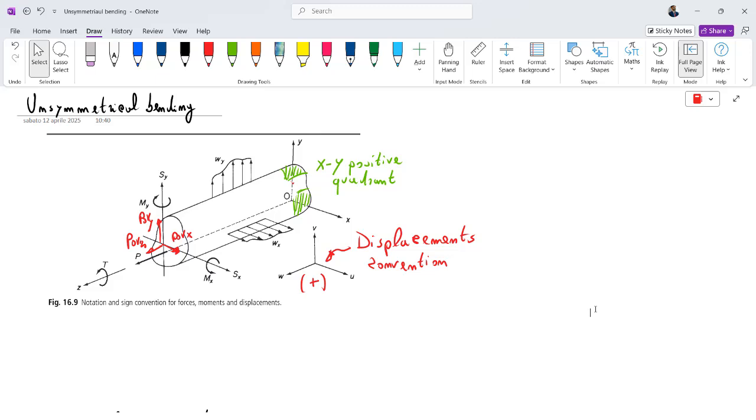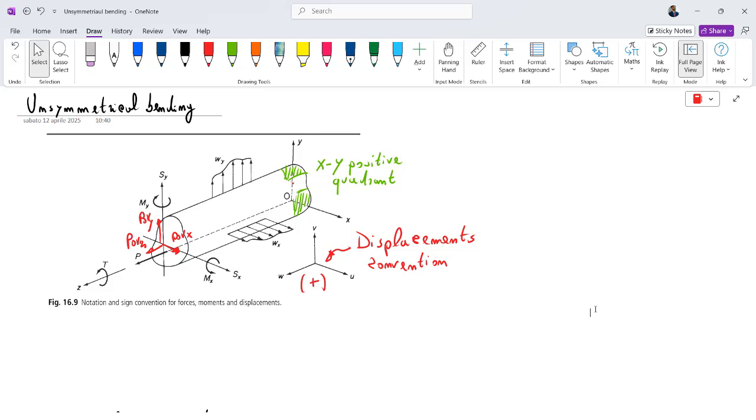For unsymmetrical bending, the hypotheses that we make are the same as those made for symmetrical bending. So all the sections remain planar and orthogonal to the longitudinal fibers after the bending stress, and the material is linearly elastic.